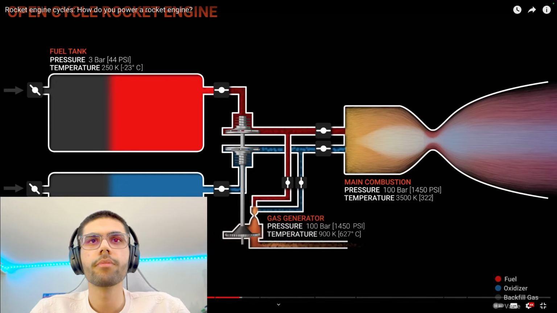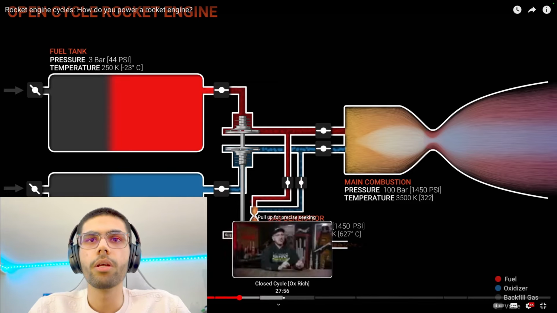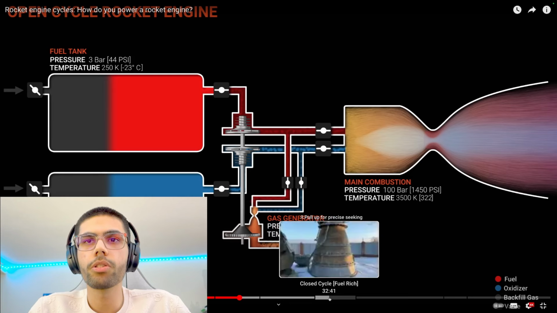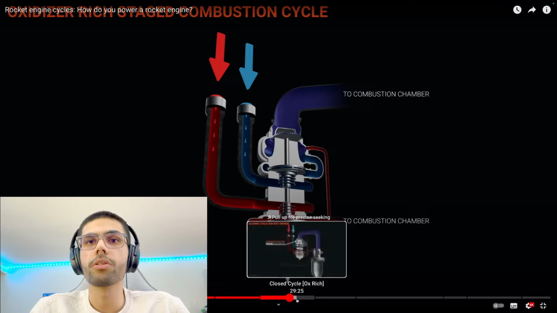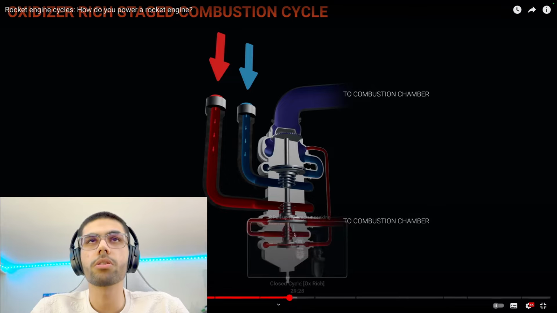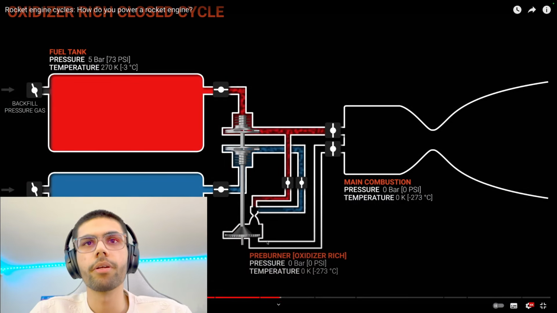Fuel rich. Yeah. In most cases, in closed cycle, we make it fuel rich, but some of the engines are also oxygen rich. See, this is an oxygen rich engine cycle right here. This is oxidizer rich.